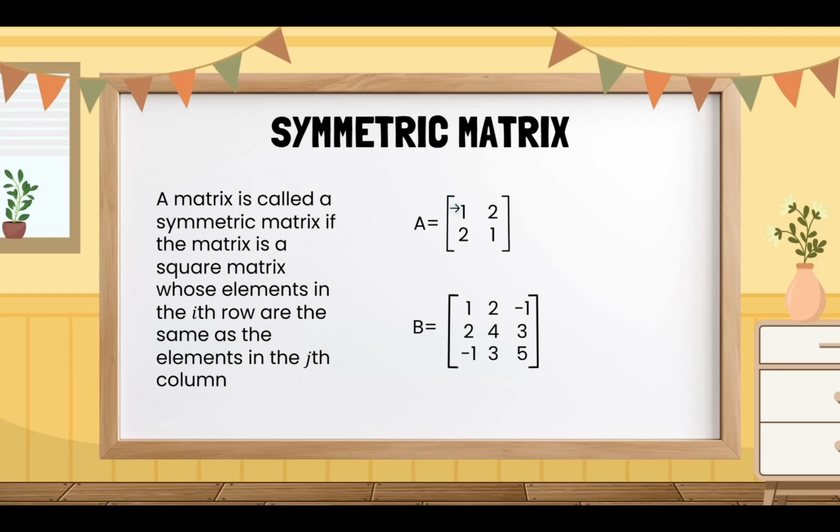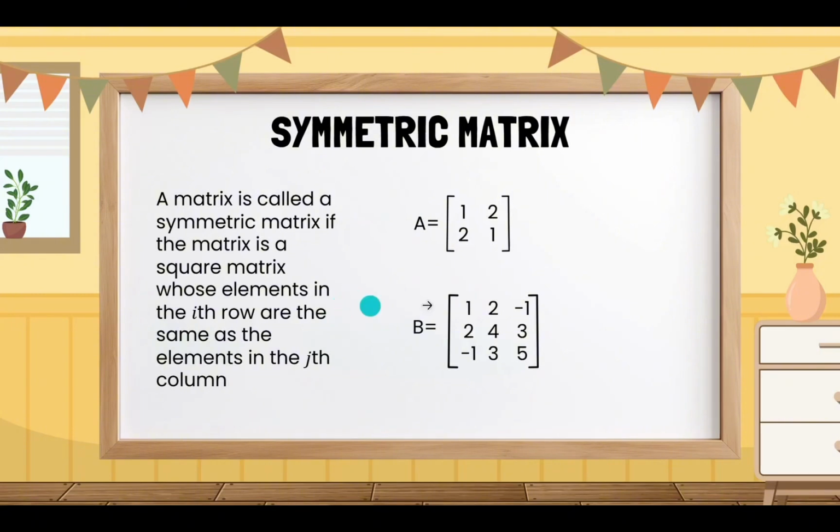Next we have symmetric matrix. A matrix is called a symmetric matrix if it's a square matrix and its elements are symmetric with respect to the main diagonal. This means the element in the i row and j column is equal to the element in the j row and i column.